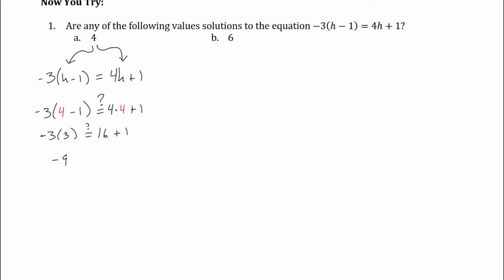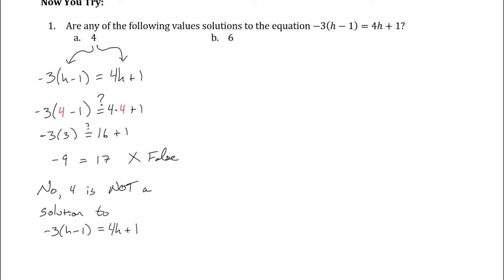And then we get -9 on the left, and we get 17 on the right. This is false. No, so we can say no, 4 is not a solution to -3 times h minus 1 equals 4h plus 1.